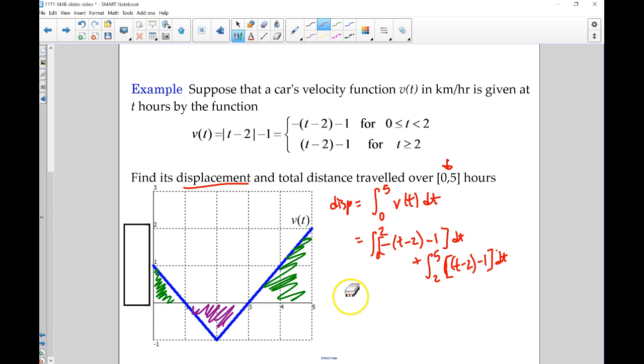Okay, and so if I do this out, simplifying this, which I like to do, from 0 to 2 it'll be minus t, and then plus 2 minus 1, so plus 1 dt, and then plus the integral from 2 to 5 of t minus 3 dt.